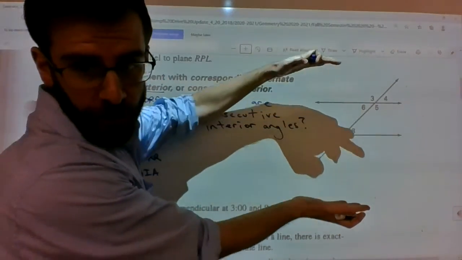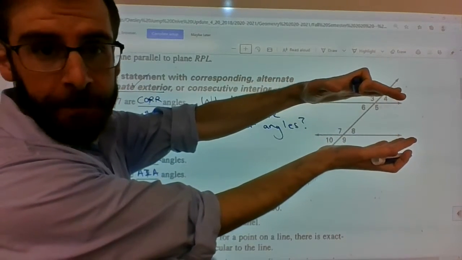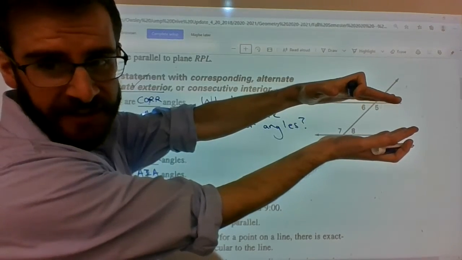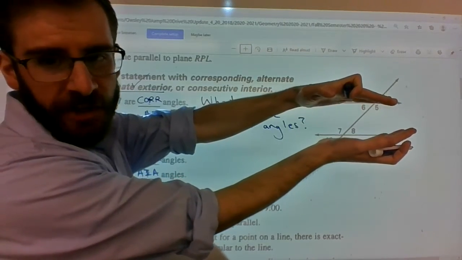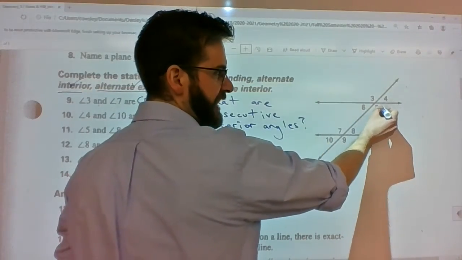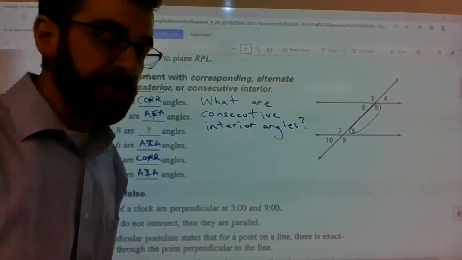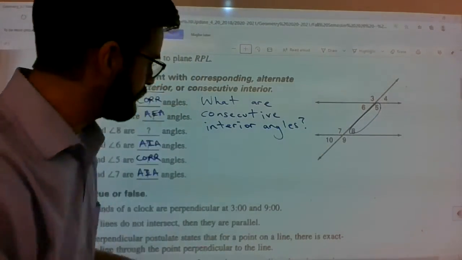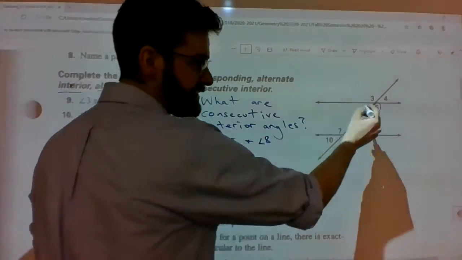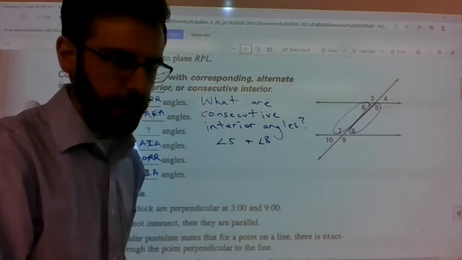The angles that occur, got to get the shadows right, inside of these supposedly parallel lines, okay? The angles inside there, 6, 5, 7, and 8. Which ones are consecutive to one another? Well, they're thinking about consecutive in terms of this. So 5 and 8 are considered consecutive interior angles. And then 6 and 7, those would also be considered consecutive interior angles.